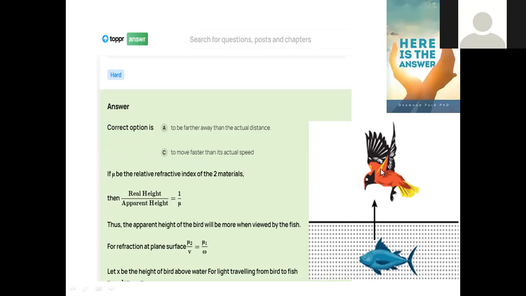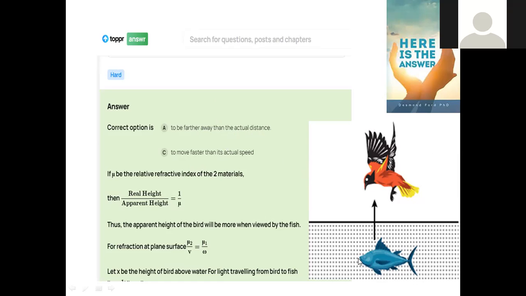For example, if the distance from the fish to the bird is 5 centimeters, when the fish is watching, it will appear still farther away. It may appear at 8. That is the virtual one, not the real one. Its image will appear somewhat farther away. So that is farther away from the actual distance. That is the first inference drawn.